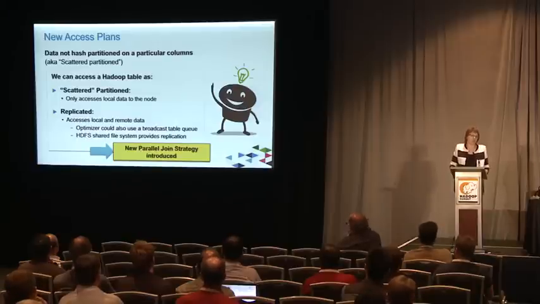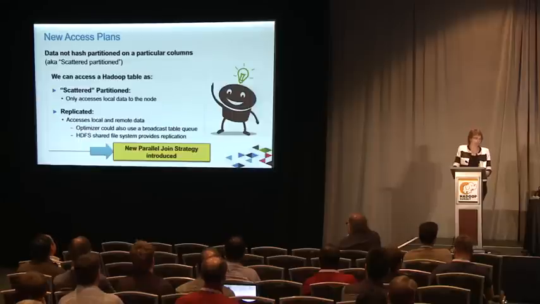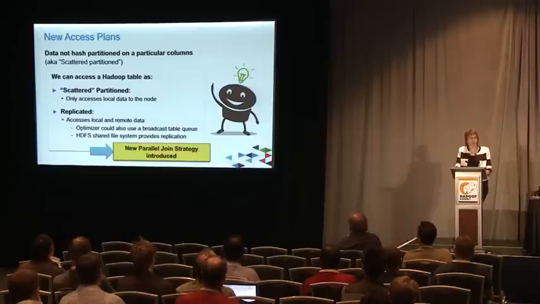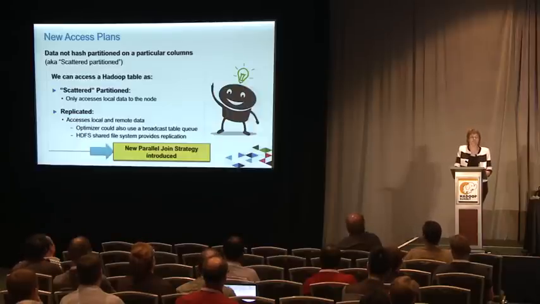But also, when you are trying to execute these joins, you can look at one of the tables as a replicated table. And you can achieve that in two ways. One is to broadcast all the data to all the other nodes for one of the tables, if the table is small enough. But we were able to leverage the HDFS shared file system, so that operation does not need to be done in the database engine, but it could be pushed down into the file system.